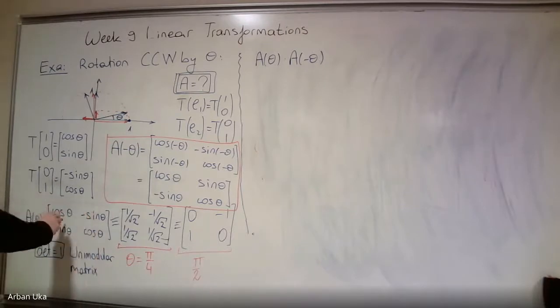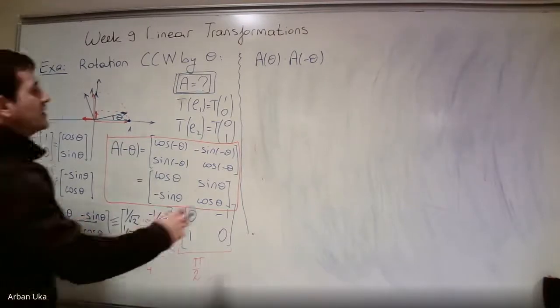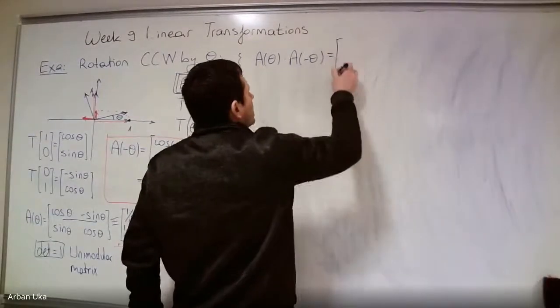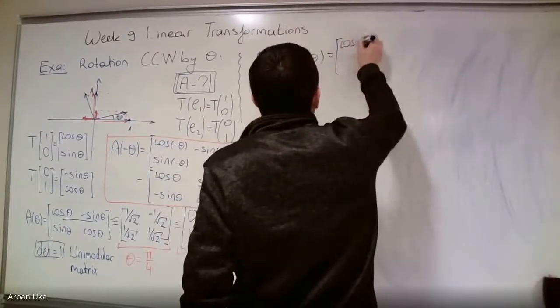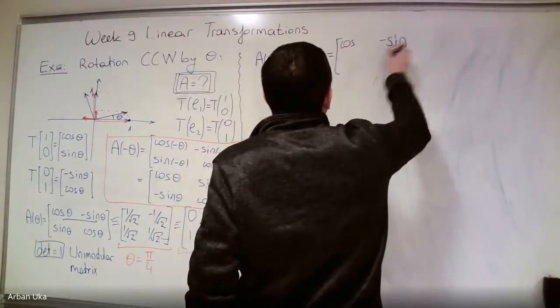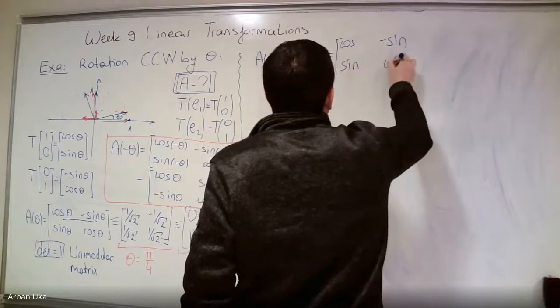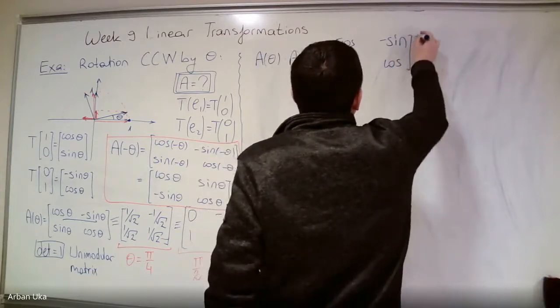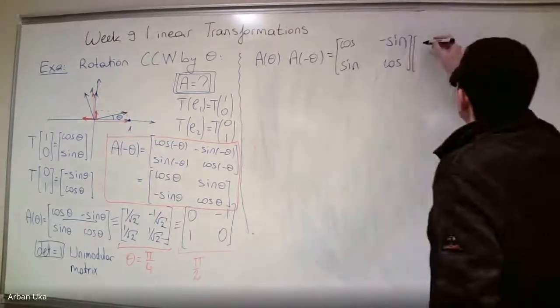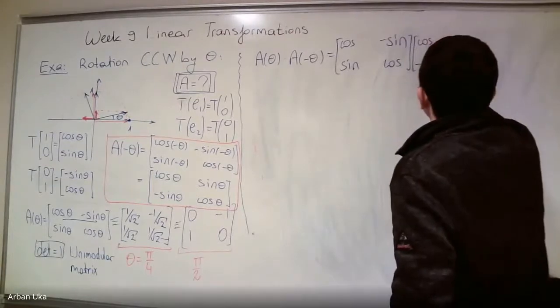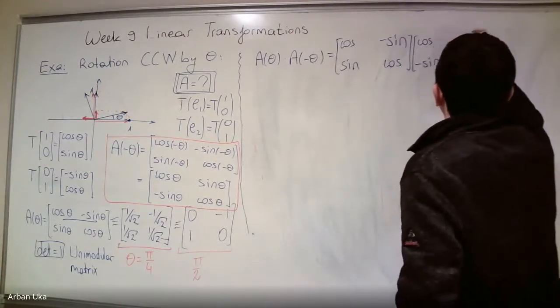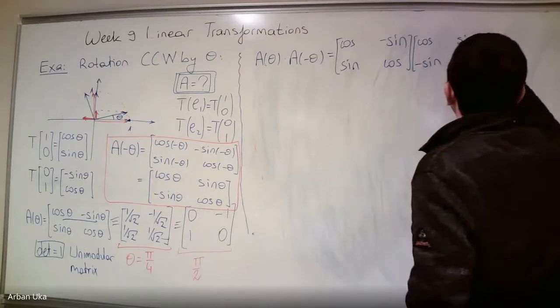We have to multiply them like this. I don't want to write everything from scratch, but this is cosine, minus sine, sine, cosine times cosine, minus sine, sine, cosine.